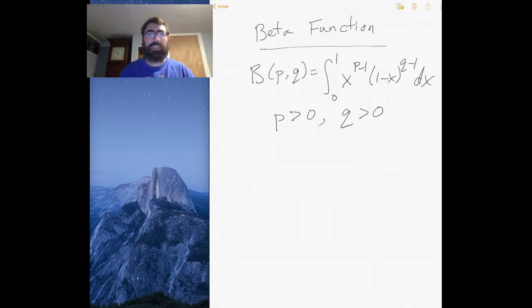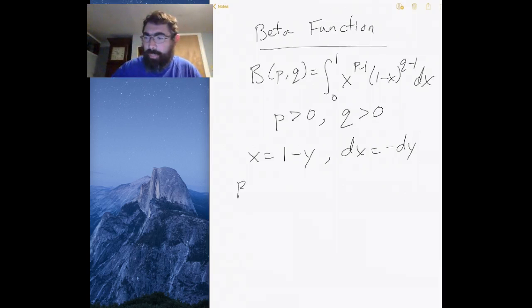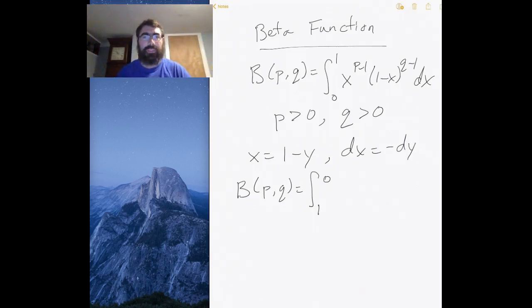Now let's play around with it a little bit. Let's say that x is equal to 1 minus y, which would mean that dx is equal to minus dy. So I'm going to do this variable substitution, and beta(p, q) is therefore equal to the integral from 1 to 0, since I had to change the limits, of (1 minus y) to the p minus 1, y to the q minus 1, minus dy.